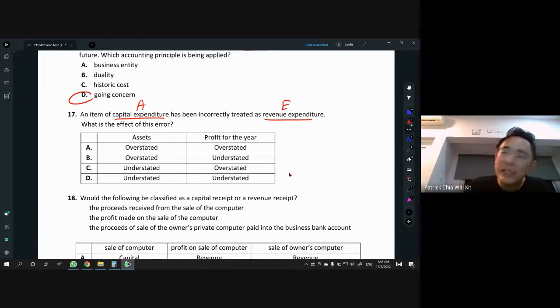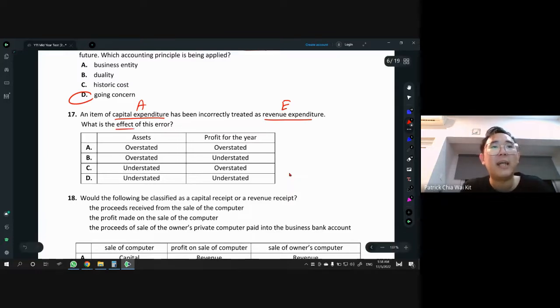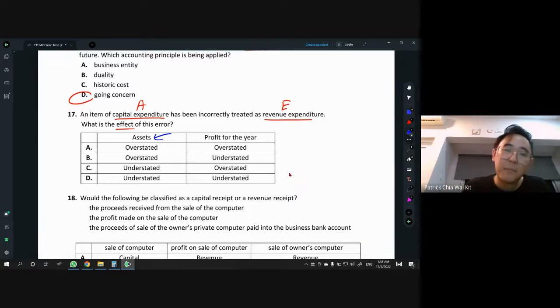That means we didn't record the asset and we recorded it in the expenses. So what is the effect of this error on our asset and on our profit? I suggest doing the easy one first, the asset part. It's an asset, but you didn't record it, so your asset will be understated. It's supposed to be there, but it's not there.